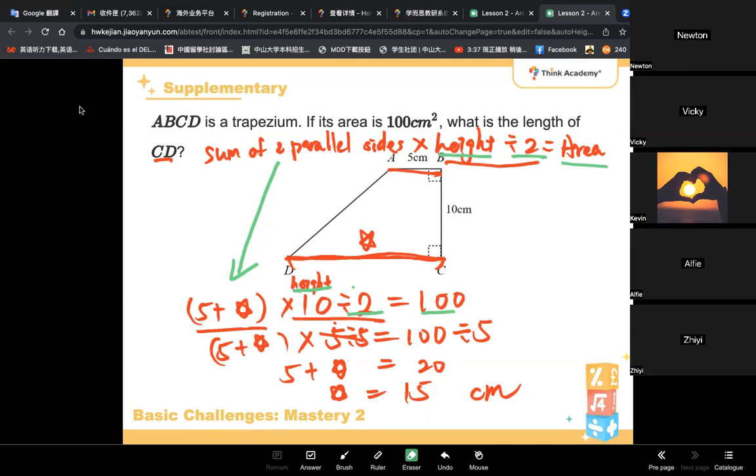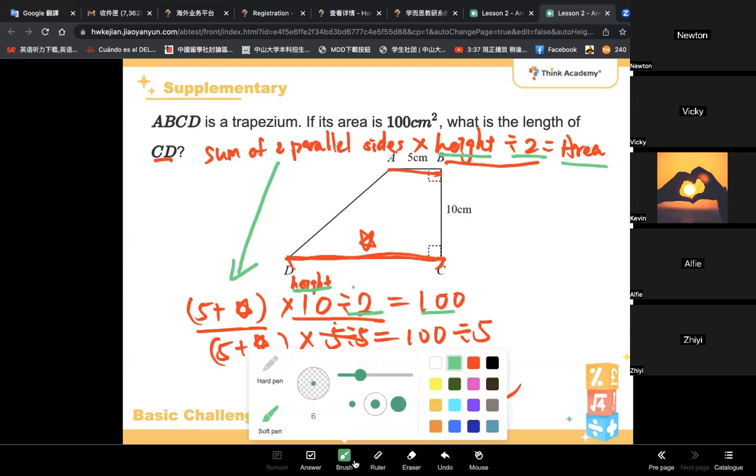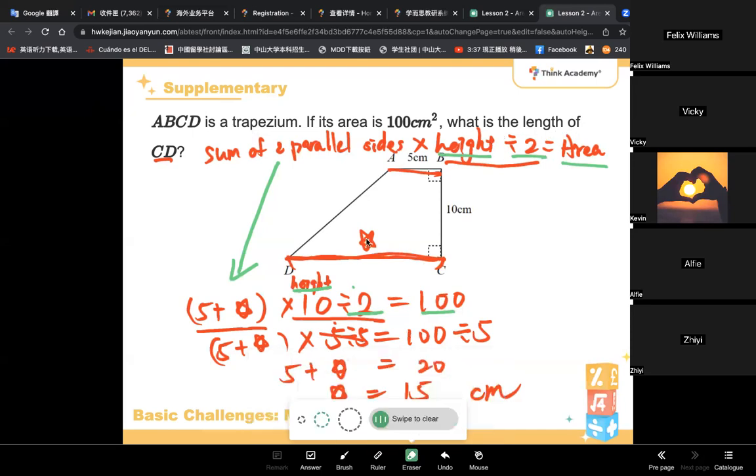How do you get this? What's the star? The star is a symbol. The star is representing the length of CD, right? It's asking for the length of CD. If you don't want a star, you can just get rid of it.